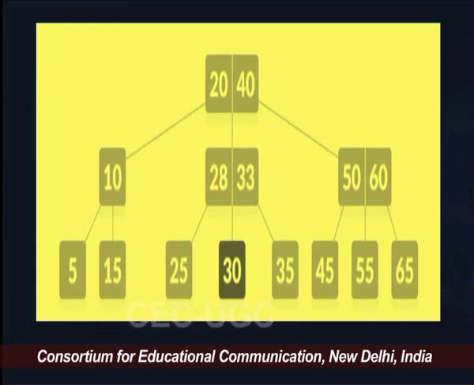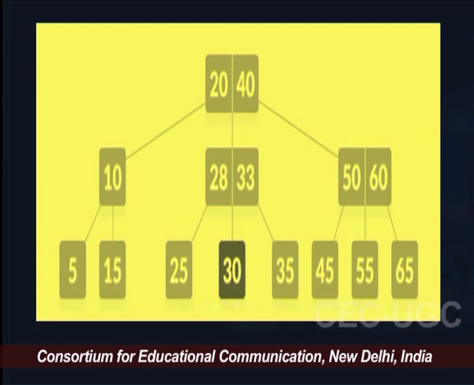Now the idea says you start from left to right, and start borrowing a key from the node which is in a situation to give away a key. Starting from the left of 30, the node is having 25. If it lends 25 to the node with the key 30, this node itself will get into an underflow situation. So what I am trying to say here is the left sibling is not in a situation to lend away a key.